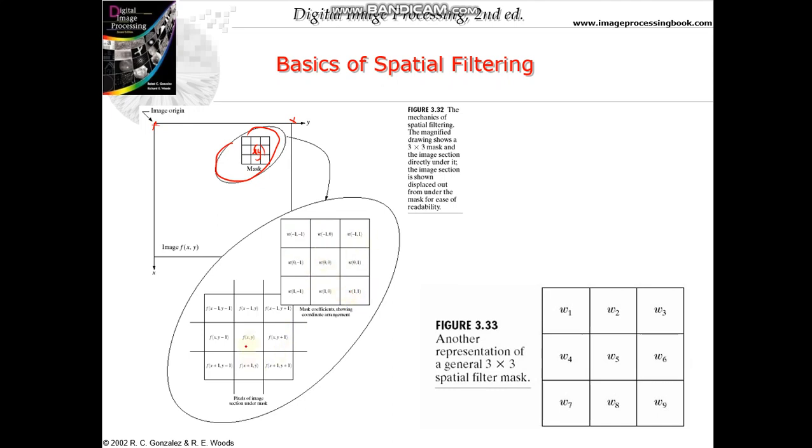And the corresponding points of f of xy are: this is f of x, y minus 1. This is f of x minus 1, y minus 1. This is f of x plus 1, y plus 1. These are the 8 neighbors of f of xy. And this window is being placed on top of it, and we are doing the convolution operation.